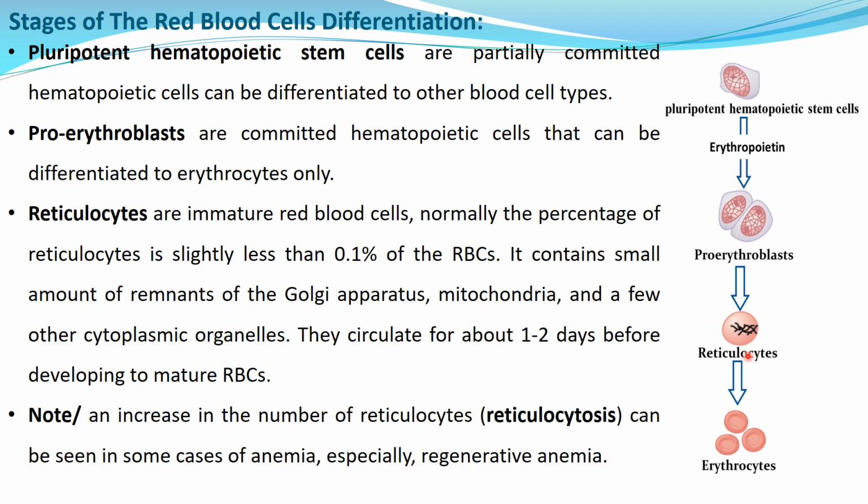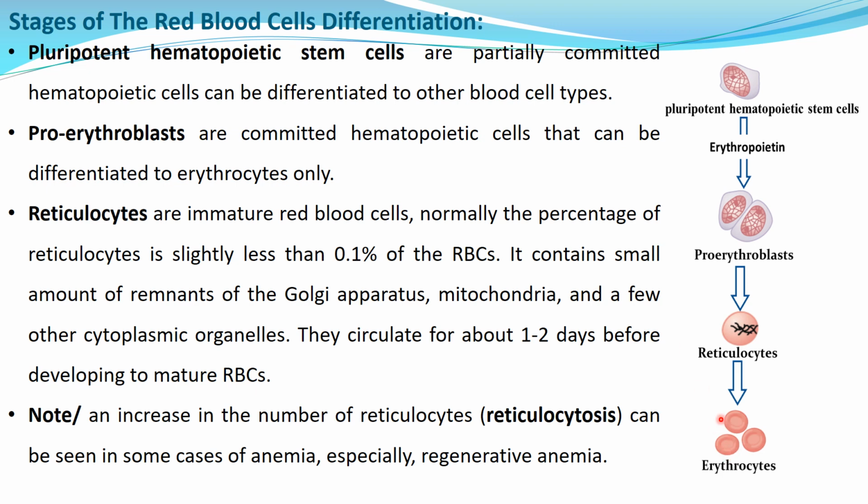Normally, the percentage of the reticulocyte is slightly less than 0.1% of the circulated red blood cells, and they are called reticulocytes because the cytoplasm of the cells contains a small amount of remnants of the Golgi apparatus, a bit of mitochondria, and a few other cytoplasmic organelles, which are not normally present in a mature red blood cell.